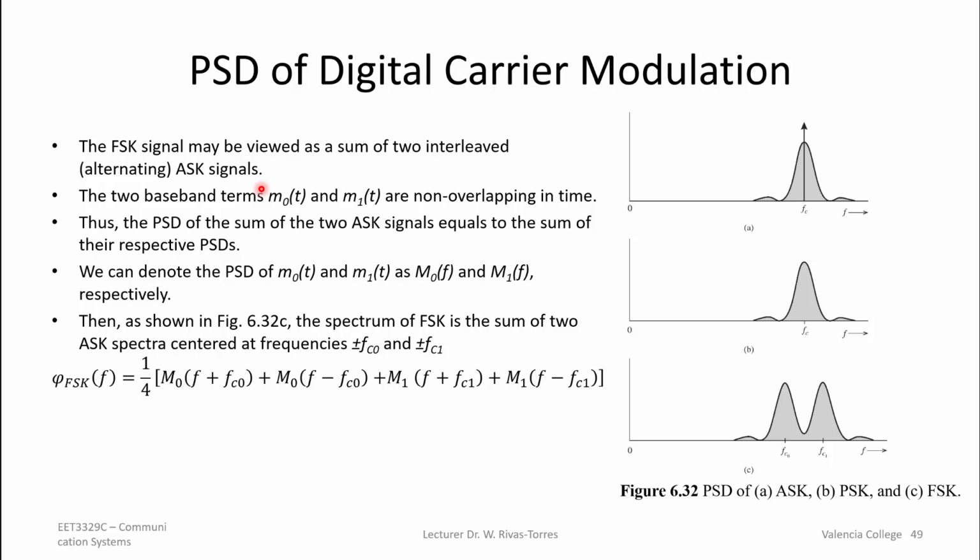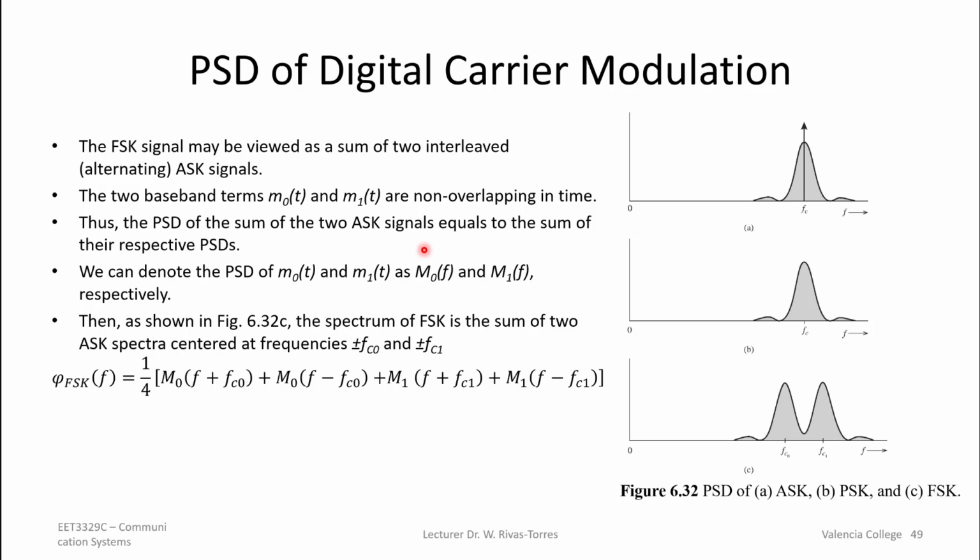Again, the FSK signal can be viewed as two interleaved ASK signals. It's just that now you have two baseband terms, one for 0 and one for 1, and they are non-overlapping in time. So you have a power spectral density that's the sum of two ASK signals.